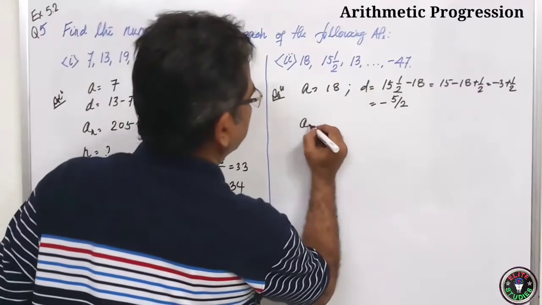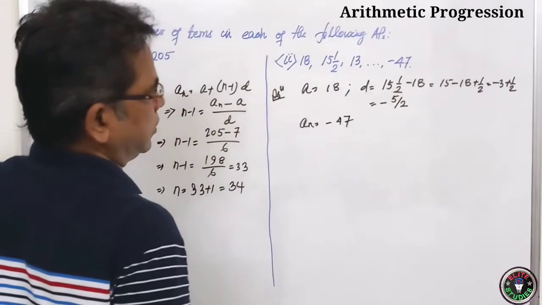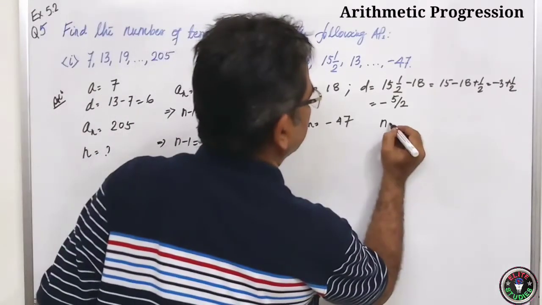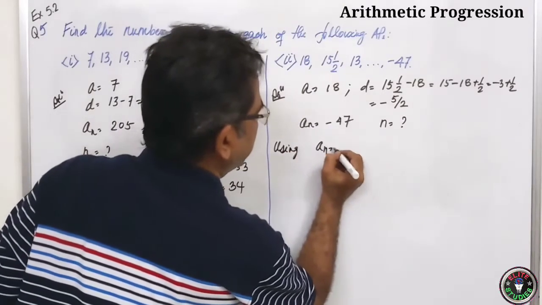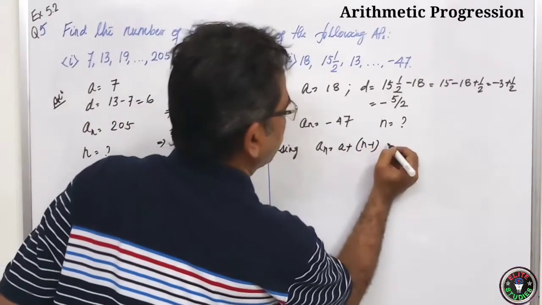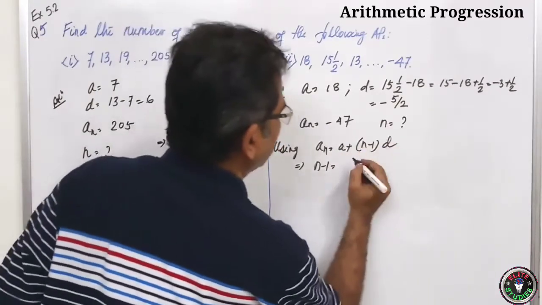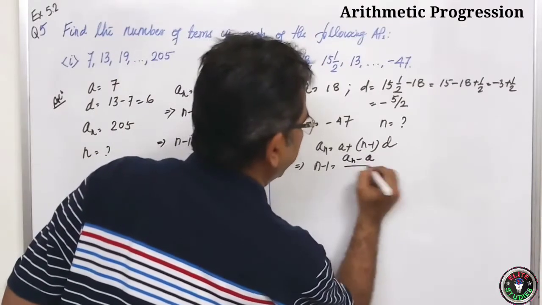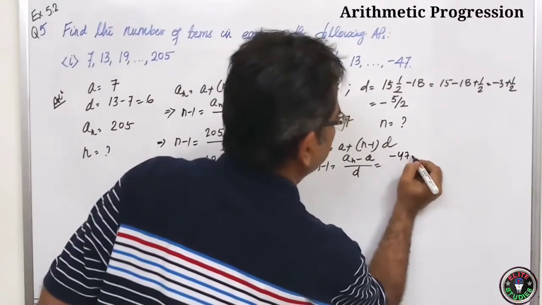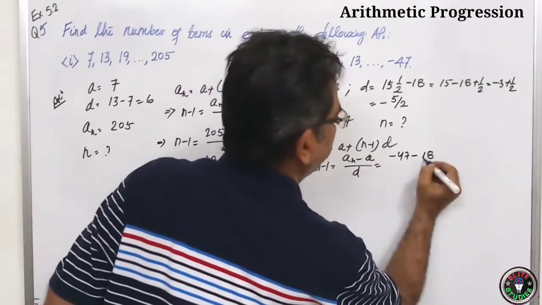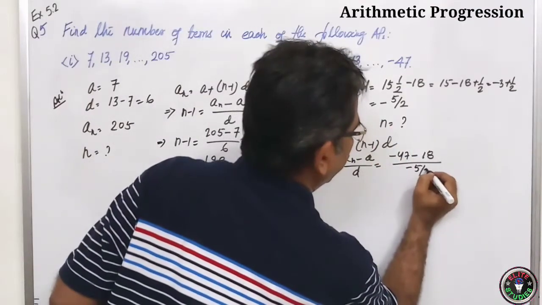Now an is given as minus 47. We have to find n. Using an is equal to a plus n minus 1 into d, n minus 1 is equal to an minus a by d. So an is minus 47, minus a is 18, and d is minus 5 by 2.